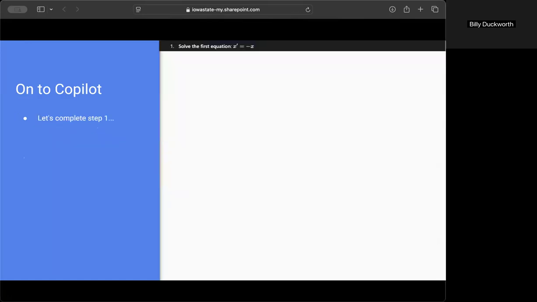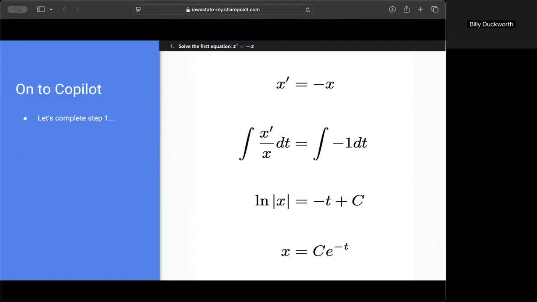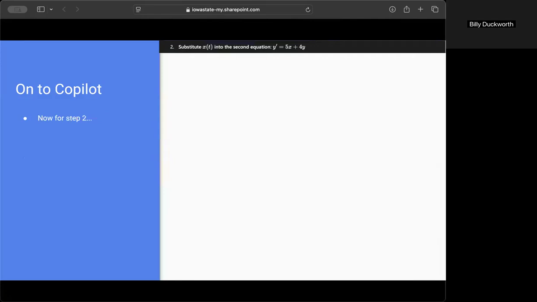Okay. So here's our first step. Just solve this very basic first order, just single equation. So this is sort of first week of the class. You knew how to do this one. So here's our steps. We separate, integrate, and then solve for x. So no problems there.